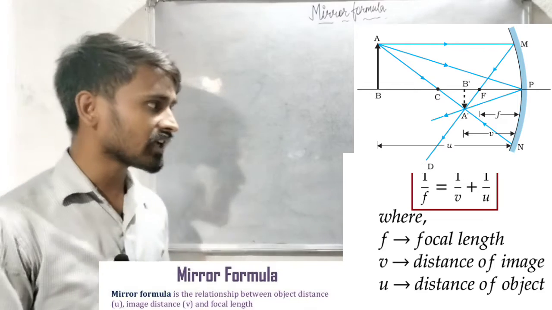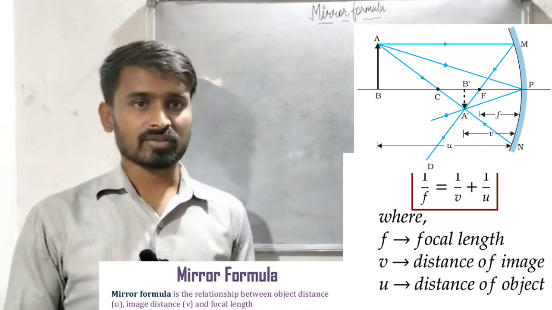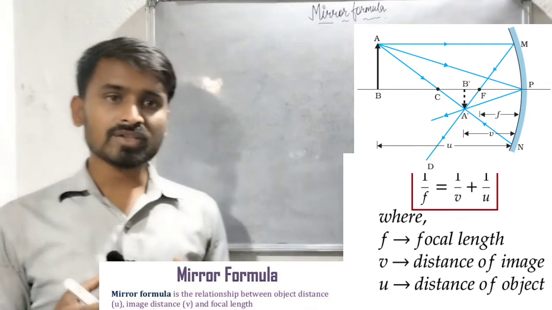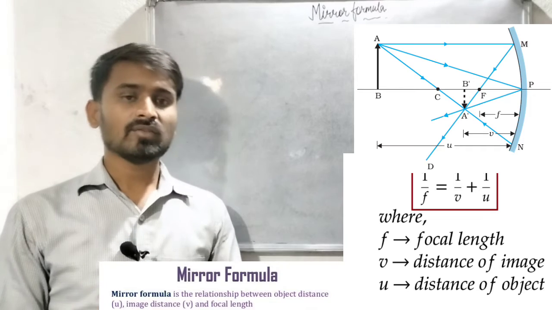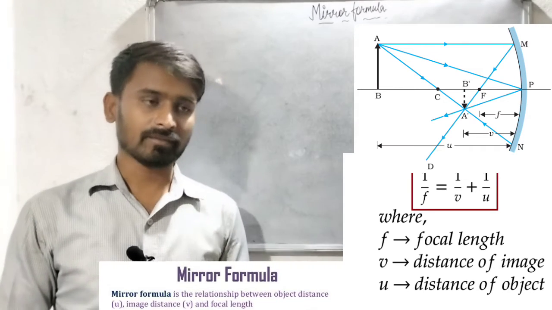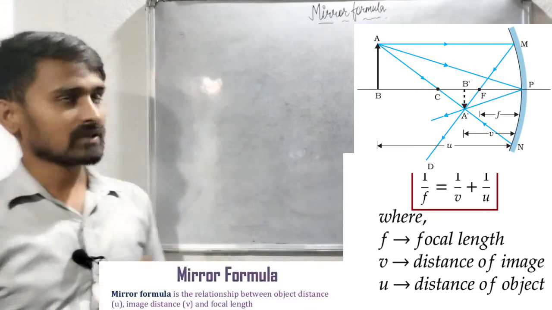This mirror can be either a concave mirror or a convex mirror. It does not matter which type of spherical mirror, the same formula holds for both. This lecture might also be helpful for class 12th as well.